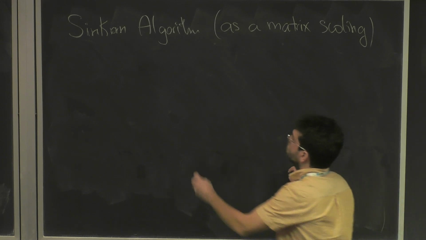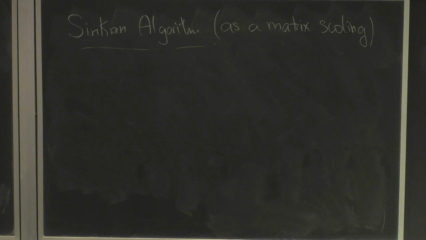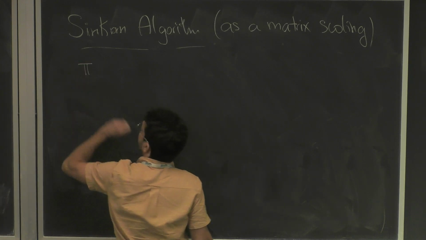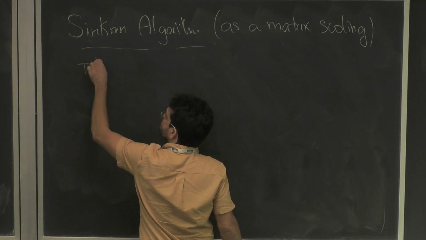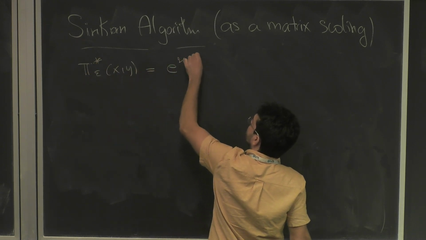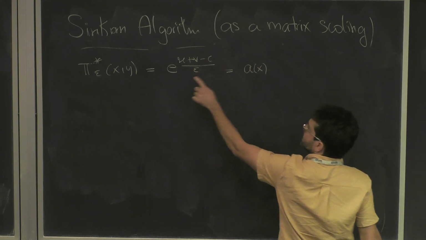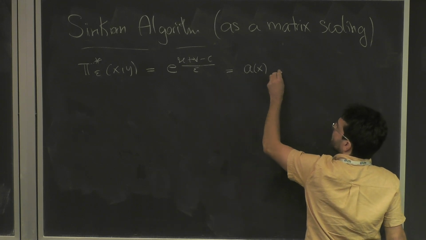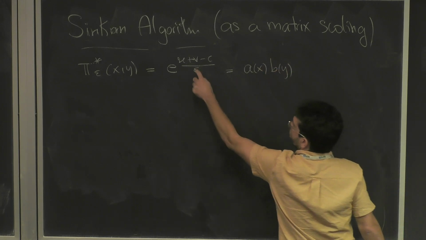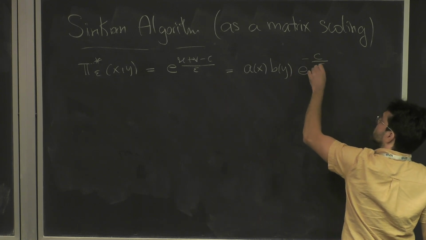So, what is the idea? We are going to take advantage of the shape of the minimizer of this entropic regularization. Let me write this. The minimizer can be written as the exponential of (u plus v minus c) divided by epsilon, but I can also see it as a function a of x times exponential of u divided by epsilon, b of y times exponential of v divided by epsilon, times exponential of minus c divided by epsilon.